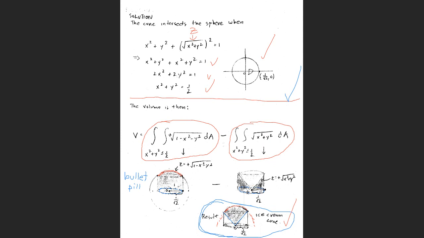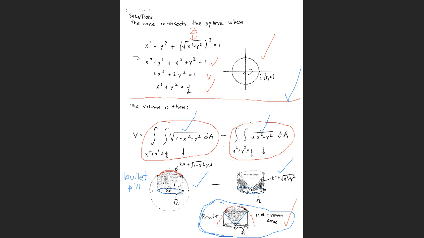You see, the functions of x and y are the top surfaces. The volume is bounded above by those surfaces, and that's what we have in each of these two pictures.